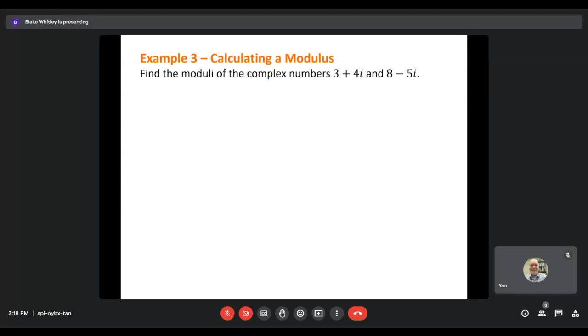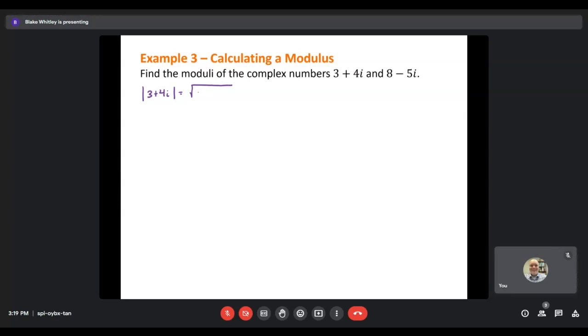All right, so we want to find the moduli of the complex numbers 3 plus 4i and 8 minus 5i. So moduli is just the plural form of modulus. Okay, so we're looking for a modulus for both of these. So let's start with 3 plus 4i. The modulus of 3 plus 4i, remember our formula is the square root of a squared plus b squared.